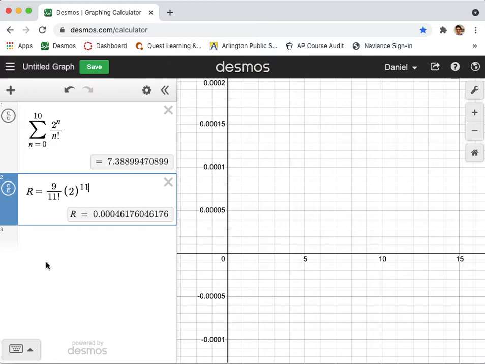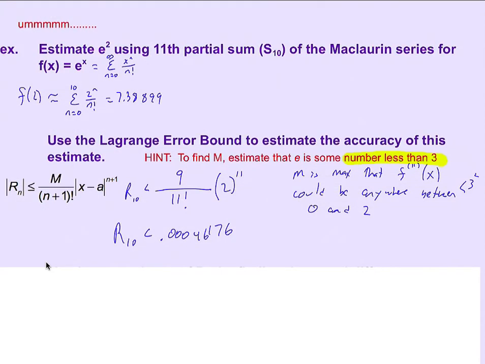So my error is something less than 0.00046176. And so what we're saying is that my estimate of 7.38899 could be off by as much as 0.00046.